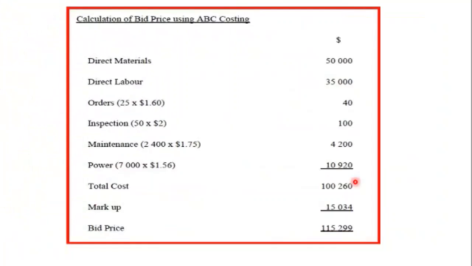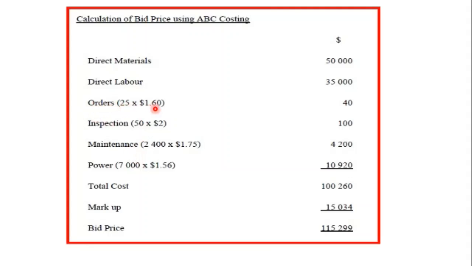We put that into the other information and we'll get the bid price using activity-based costing. So the direct materials remain the same, direct labor is the same, and then we have the overheads here being apportioned according to usage.